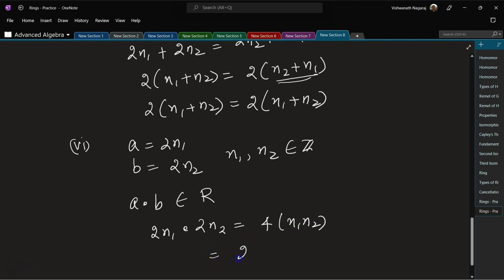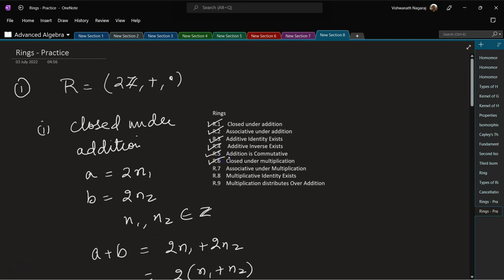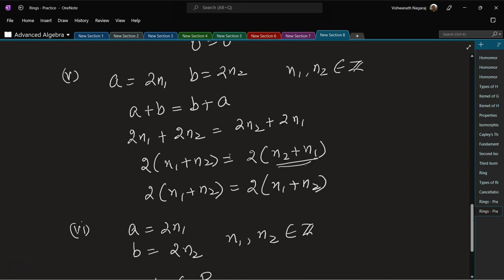Now this can be written as 2 times 2n1n2. Yes. So which means this is an even number and this is also an even number. So therefore belongs to R. So closed under multiplication.